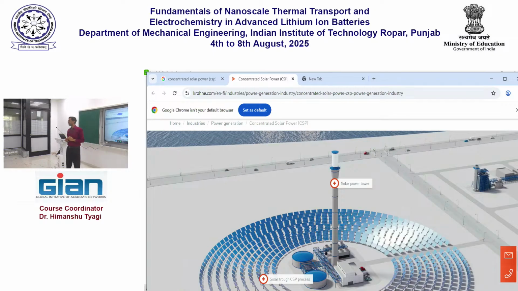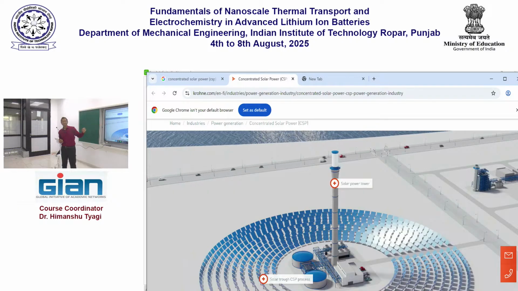You don't want to be standing here when this plant is running. You'll get roasted, literally. But if you have a pipe, a network of pipes here that carries a heat transfer fluid, then all this energy can be concentrated onto that heat transfer fluid and it can be used to boil that fluid. I'm using the word heat transfer fluid because water is typically not used like this.